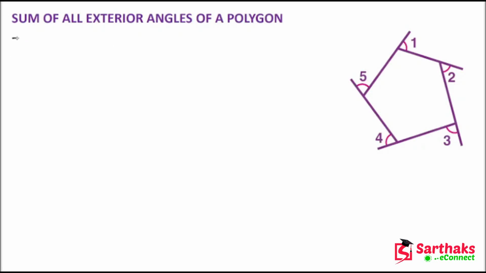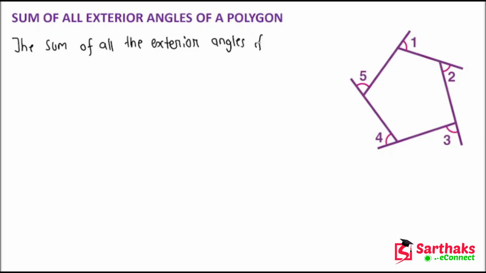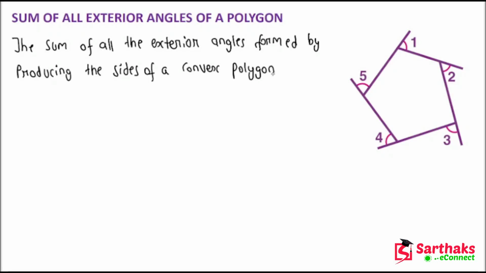It simply says that the sum of all the exterior angles formed by producing the sides of a convex polygon, okay, it can be any n-sided polygon, in the same order, again the order should be the same, is equal to 360 degree, right?